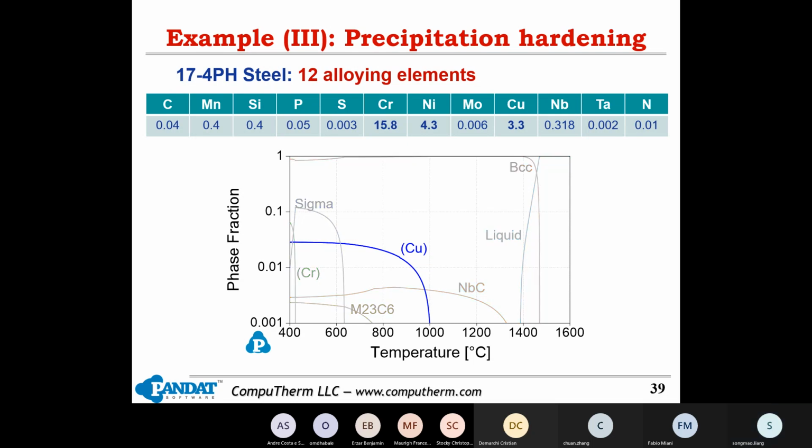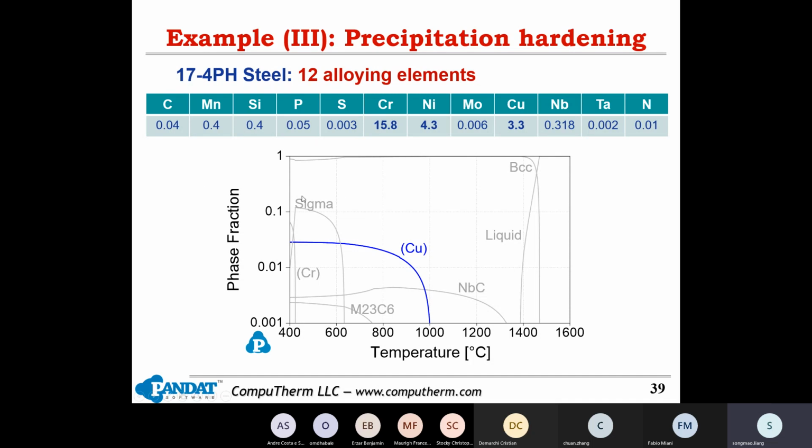But for some kinetic reasons, during heat treatment, especially the aging heat treatment, the copper-rich precipitate is the main strengthening phase. Other phases, because of kinetic reasons, are very difficult to form.